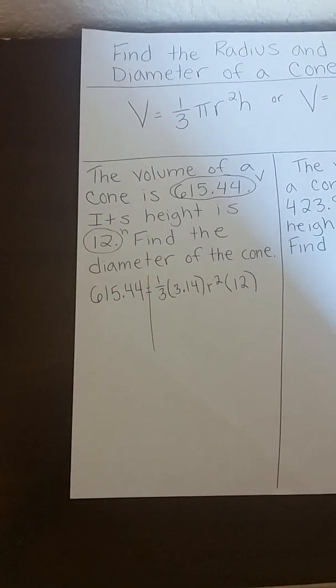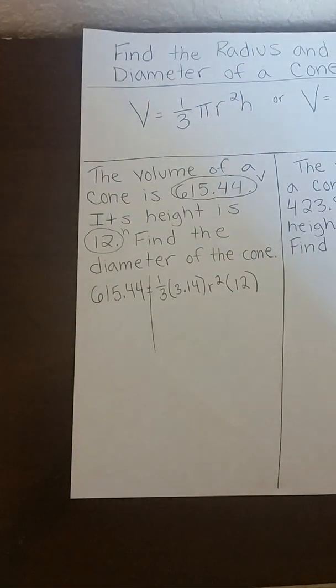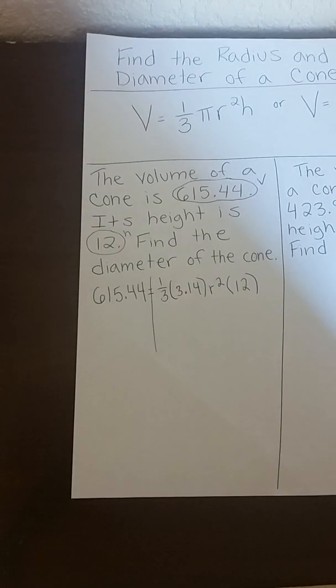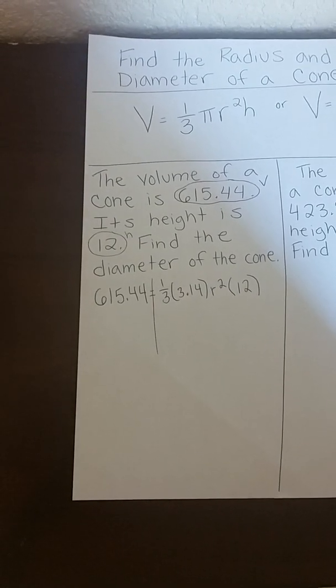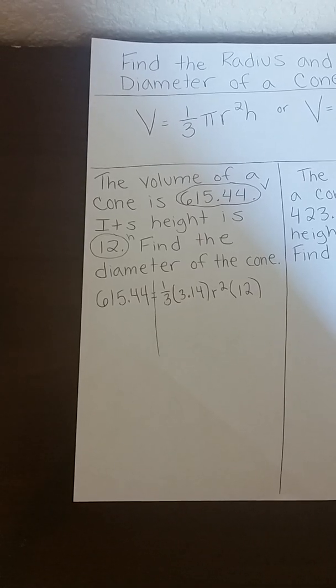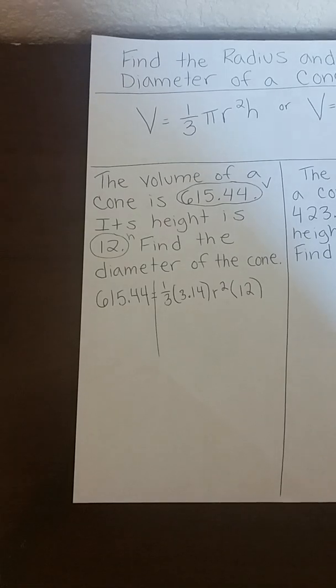There's no addition or subtraction anywhere in there, so I can multiply things together even if they're separated by a variable. So in my calculator, I'm going to do 1/3 times 3.14 times 12. And I'm going to get 12.56.